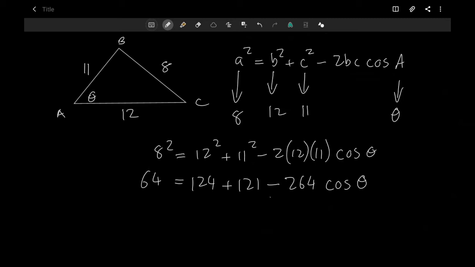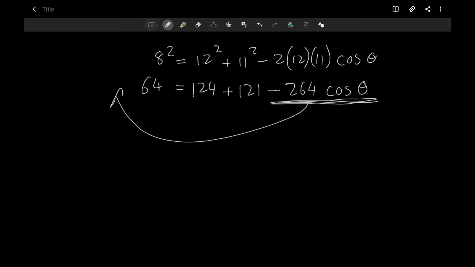Because this is a negative, we want to bring this part over to this side of the equation to make it positive, and we want to move this 64 to this side, which will turn the 64 into a negative.